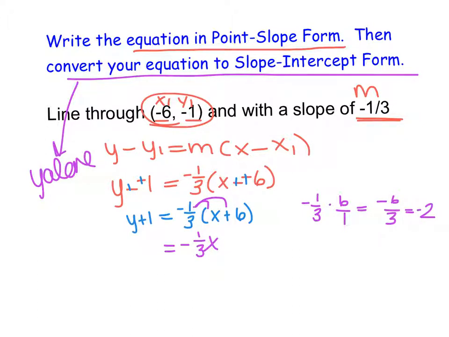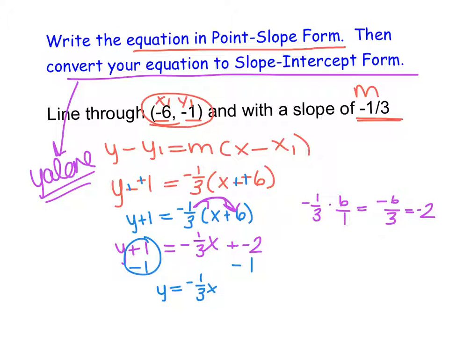So as I distribute -1/3 to 6, I get plus a -2. My left-hand side is still the same, and I still need to get y alone. In my final step, I'm going to simply subtract 1 to undo this. And I end up with y is equal to -1/3 x minus 3, or plus a -3. Either way is fine.